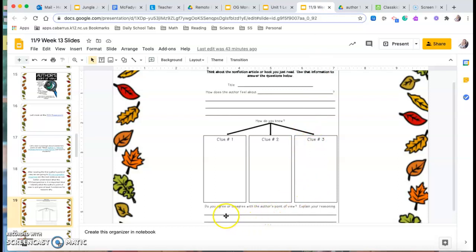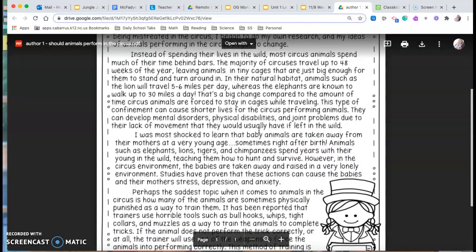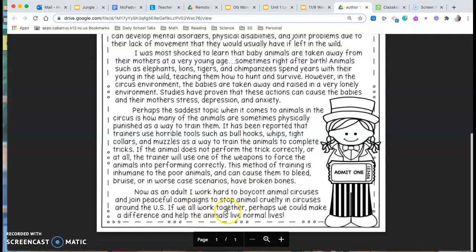Then at the bottom it says, do you agree or disagree with the author's point of view? For me, this is my opinion, I would put yes. I agree that the circus should not be performing with animals any longer, because that's basically what author 1 is getting across. And even on the last sentence, it says, now as this person, as an adult, they're trying to work hard to boycott animal circuses.